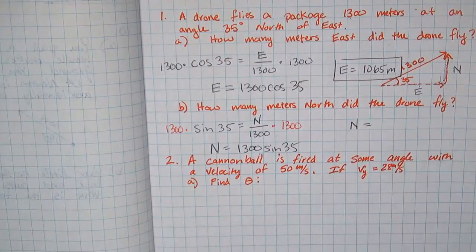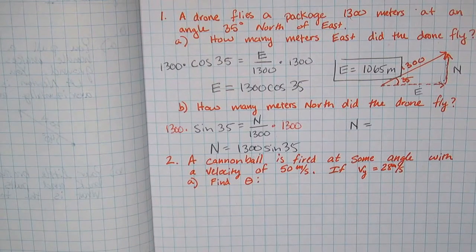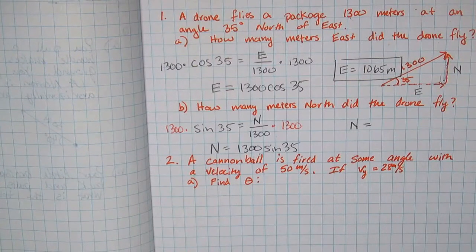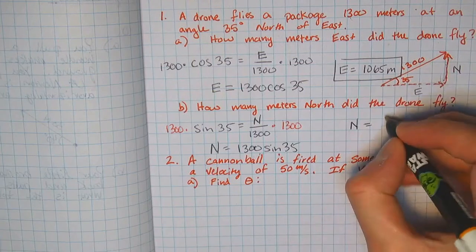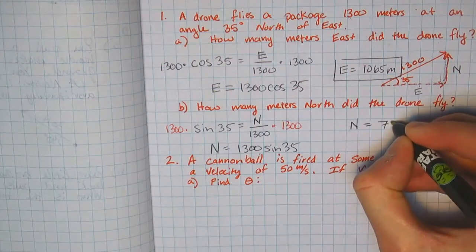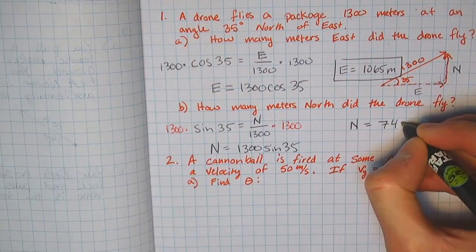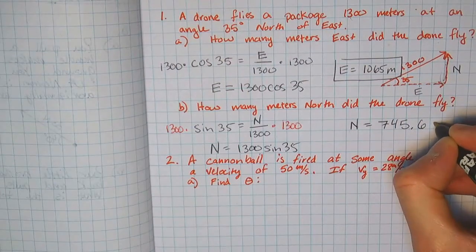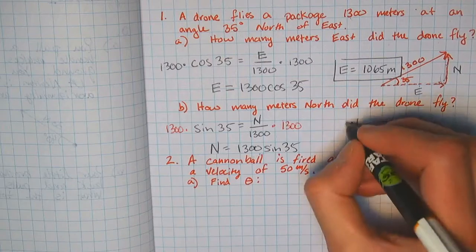So then 1300 times the sine of 35, that's going to give you 745.6 meters.